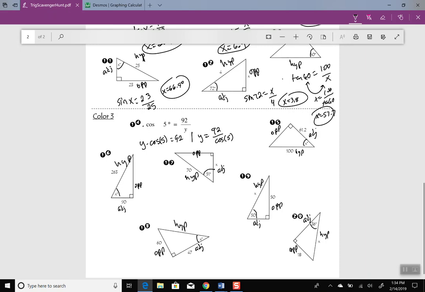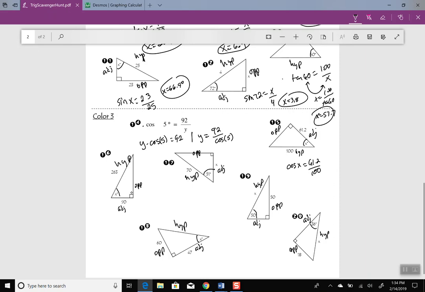Okay, so let's set these up and finish this off. In number 15, I care about the adjacent side and the hypotenuse. So "ka" has the a and the h in it. So cosine of x equals the adjacent over the hypotenuse. Number 16, I care about the hypotenuse and the adjacent.